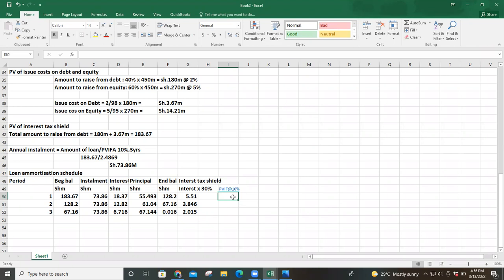For the first year, 10% 1 year, 0.9091. The second one, 0.8264. And the third one, 0.7513.